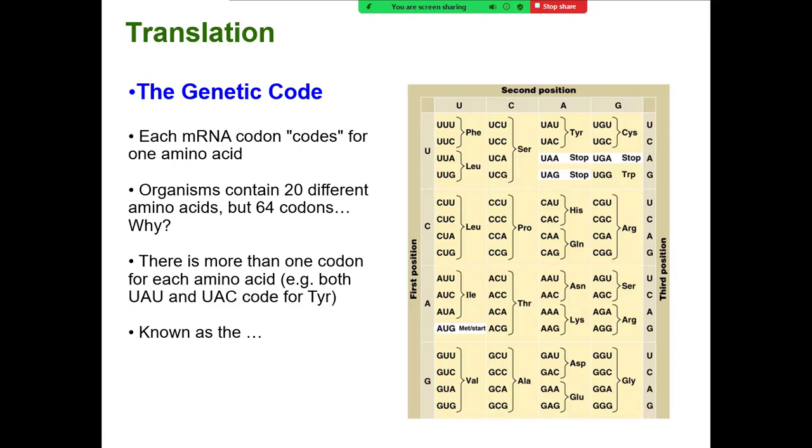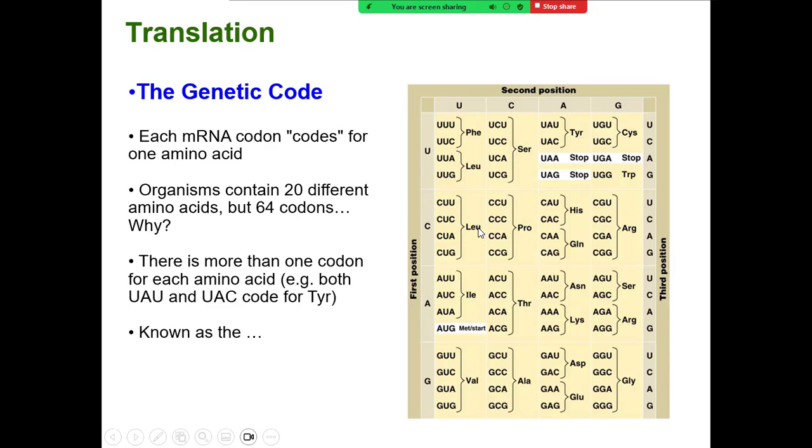Serine is encoded by 4 different codons, meaning UCU, UCC, UCA, UCG, all of these 4 codons code for the same amino acid, serine. There we go. I had trouble getting my mouse to work. And then leucine, there's actually 6 codons that code for that one amino acid.